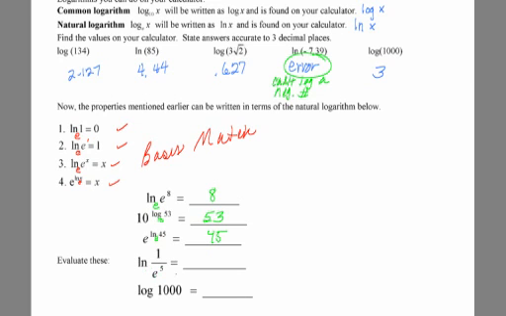This one, I'm going to have to play around with that. Let's rewrite it. I know that's an ln of e, ln base e, but I have to write 1 over e to the 5th in a way so my bases would match. So I have an ln of e, and I want to write this as e to some power. If I can do that, then my bases match and they cancel out. 1 over e to the 5th is the same thing as e to the, anybody got an idea?